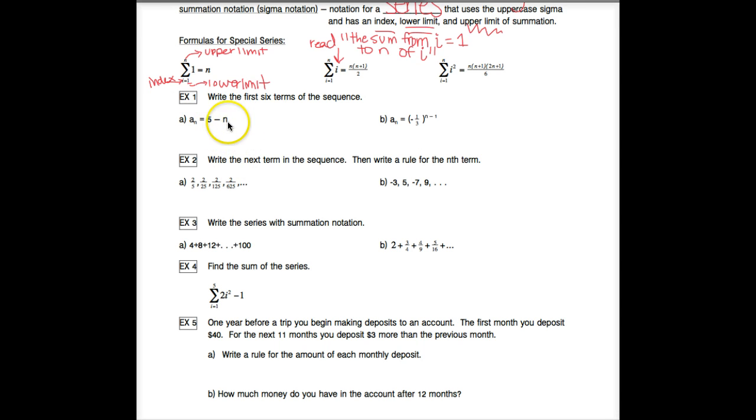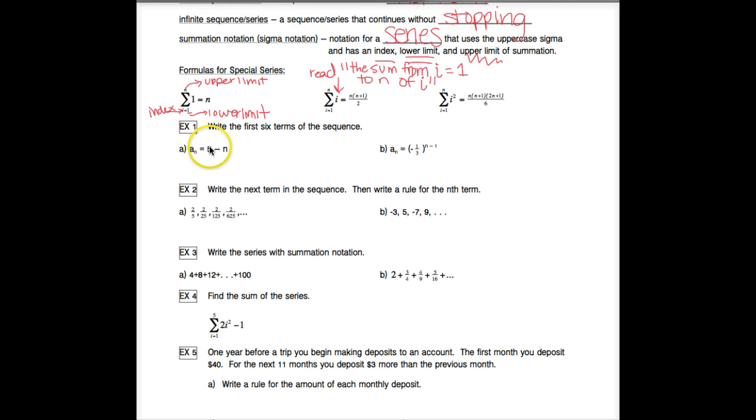So example 1 just says write the first 6 terms of the sequence, and it gives us a formula. This says a sub n equals 5 minus n. So if we are starting from when n equals 1, then that means we've got 5 minus 1, 5 minus 2, 5 minus 3, 5 minus 4, 5 minus 5, and 5 minus 6.